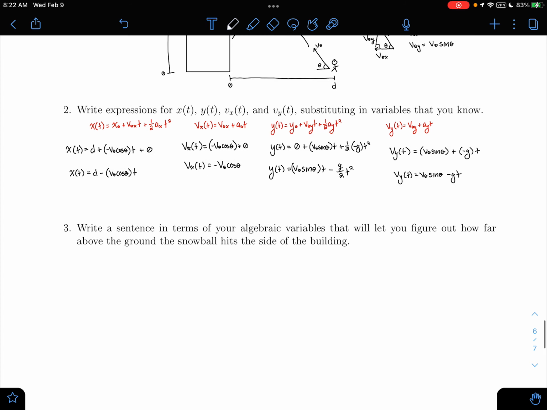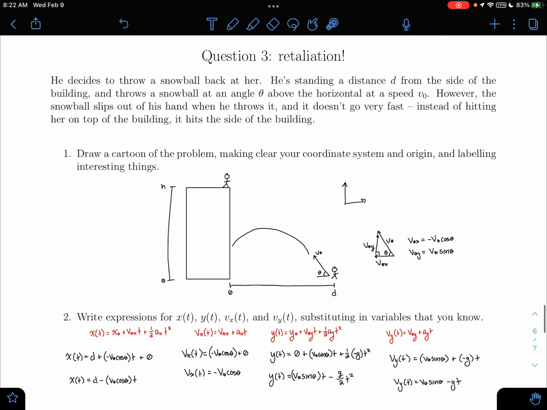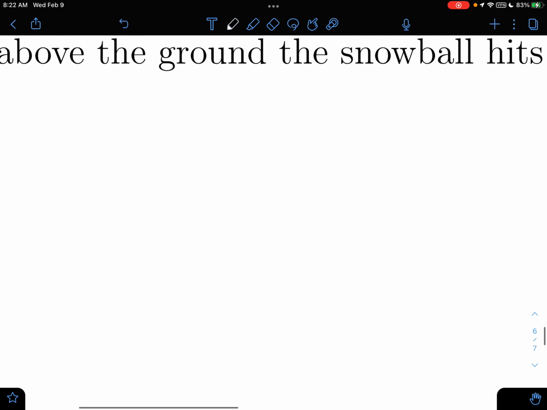So now let's write a sentence in terms of our variables that will let us figure out how far above the ground the snowball hits the side of the building. The first thing that happens, the snowball slips out of his hand and it hits the side of the building without making it all the way up. That's what I was drawing here. So how far above the ground the snowball hits the building?